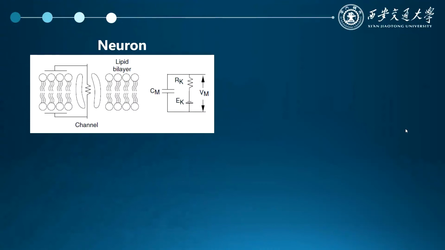In neural computing science, we treat a neuron as a simple electric circuit. From 1952, there are several neural models, like the HR model, used to describe firing patterns of neurons.